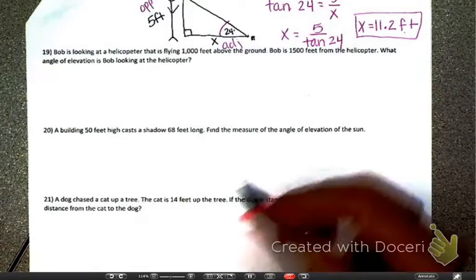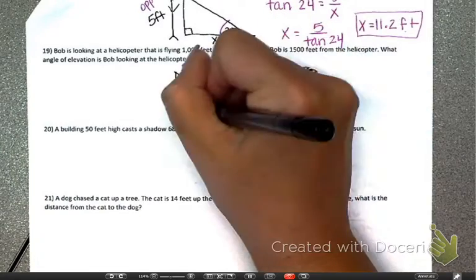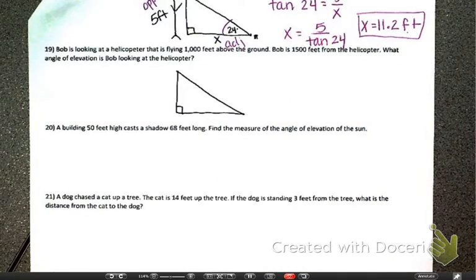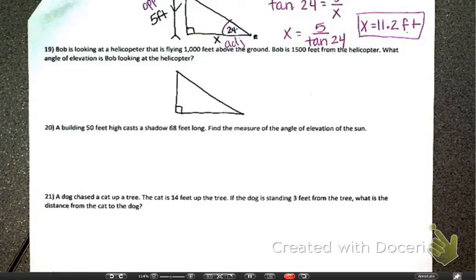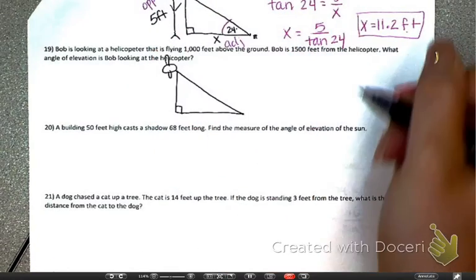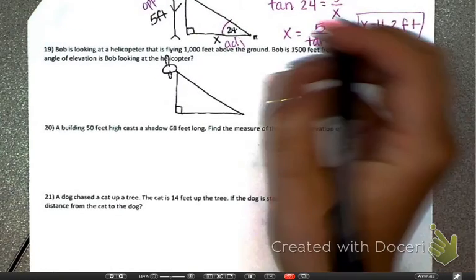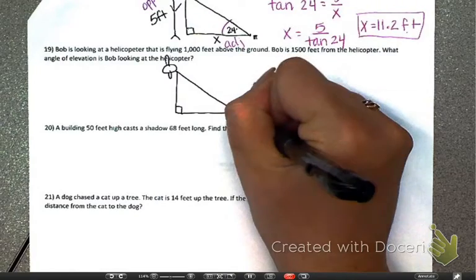This one was good. Ready? Okay, so Bob is looking at a helicopter. Well, a helicopter is flying. So here's my helicopter. That's kind of what it looks like. My helicopters and planes are identical. And here's Bob.